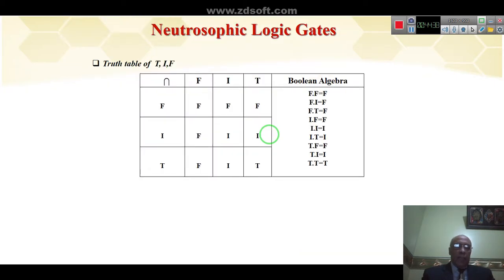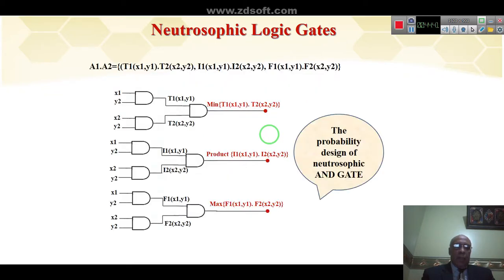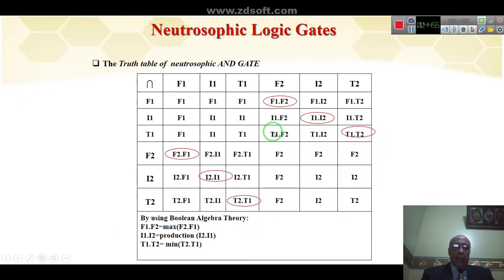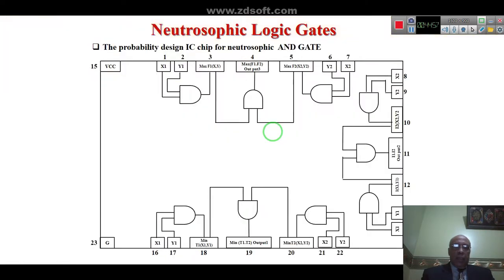Neutrosophic AND gate, the probability decision of the neutrosophic AND gate. The first is the probability design of an IC chip for the neutrosophic AND gate. This is the neutrosophic AND gate.